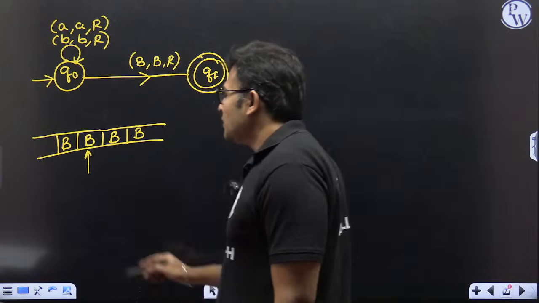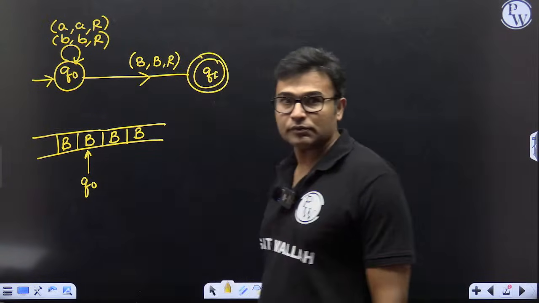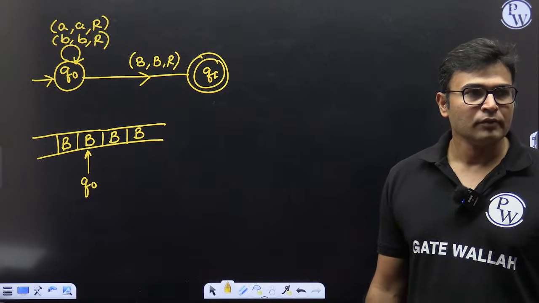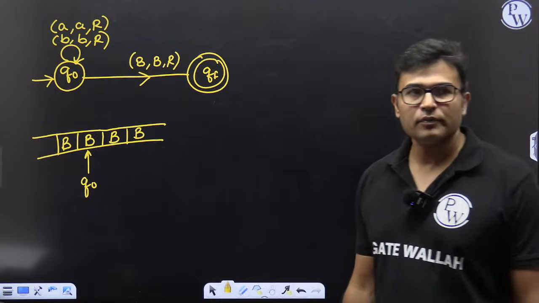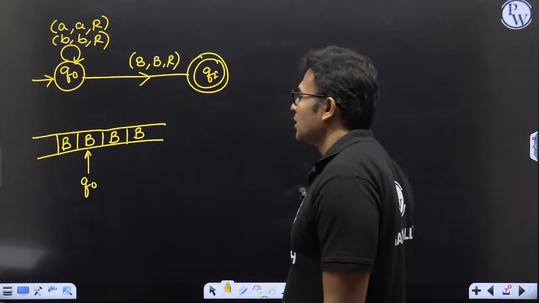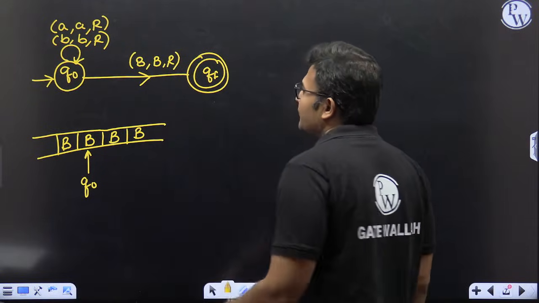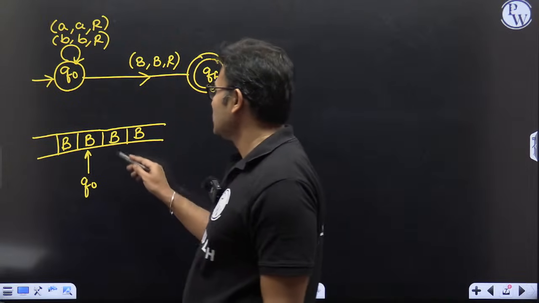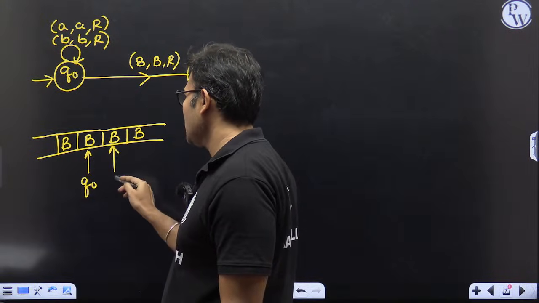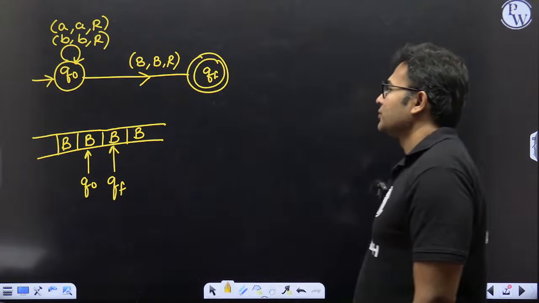Now initially you will be in state Q0. Q0 on seeing a blank is leaving it as blank, moving right and going to QF.